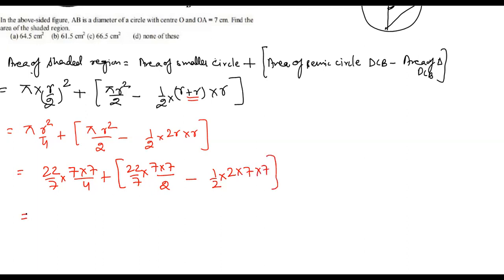Now you can calculate the value here. This 7 and 7 will get cancelled out. So you will get here 22 into 7 divided by 4 plus this 22 by 7.